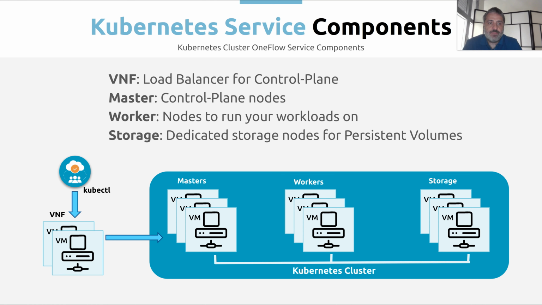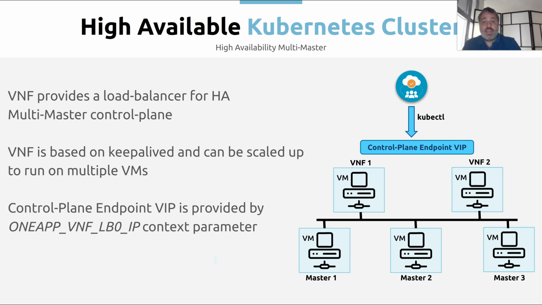So we can have a high available load balancer, we can have multiple masters, we can have multiple worker nodes for the workload according to the needs, and also we can have multiple storage nodes, for example, for replicas. But I will now be more precise about each of these components and how we can also build a high available Kubernetes cluster.